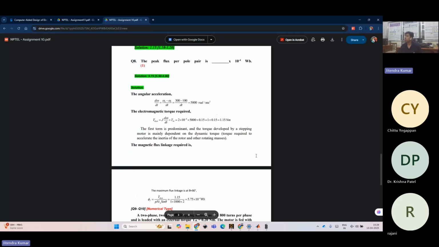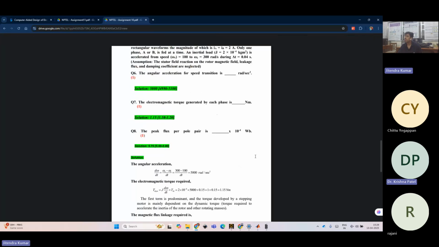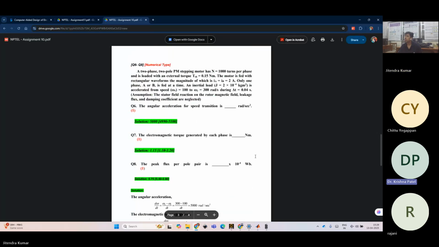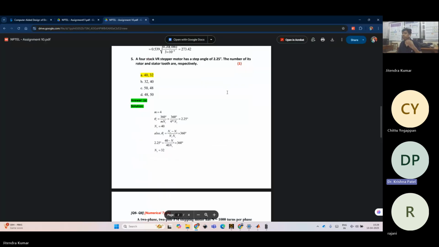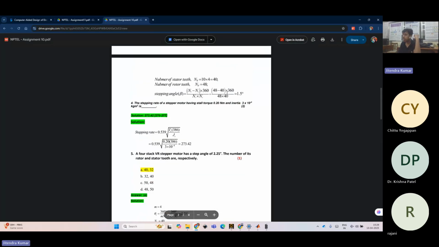So in that case, we are getting a wrong answer, meaning our answer is wrong. Apart from the 10th, were we getting incorrect answers in the 7th as well? Apart from the 10th, yes, I have a query. For the 4th, what is the answer, sir? The stepping rate. 273.42.